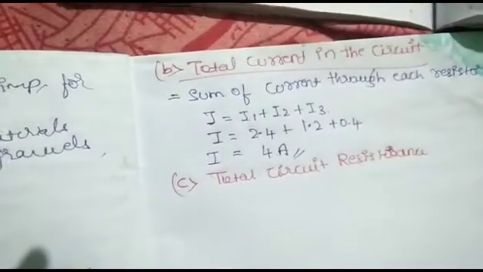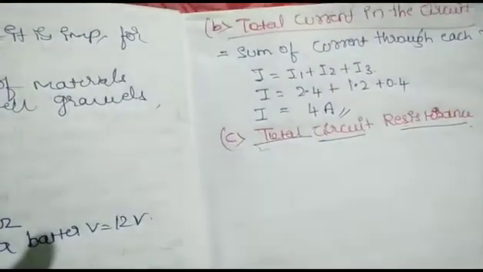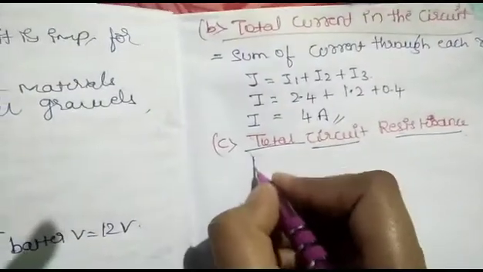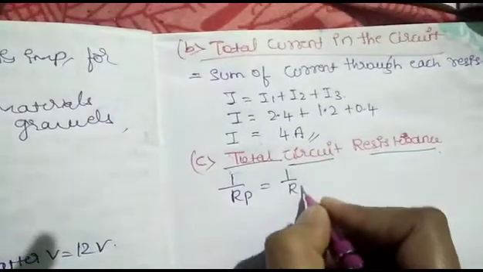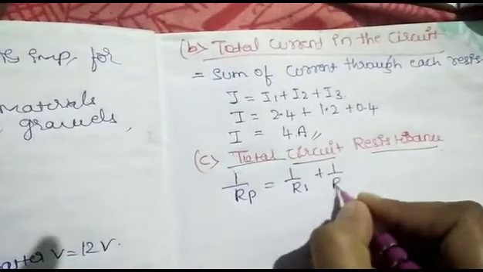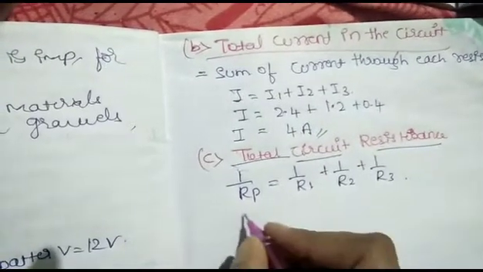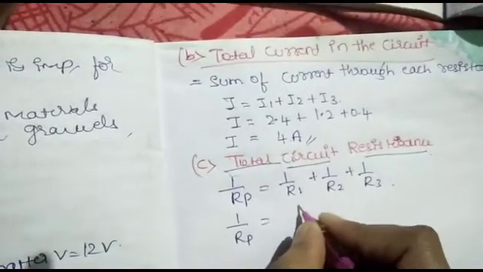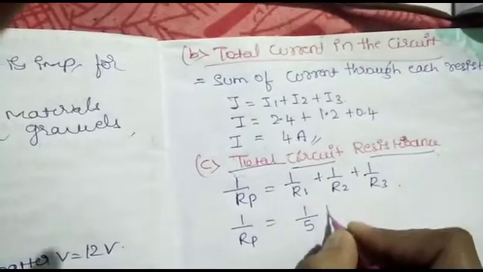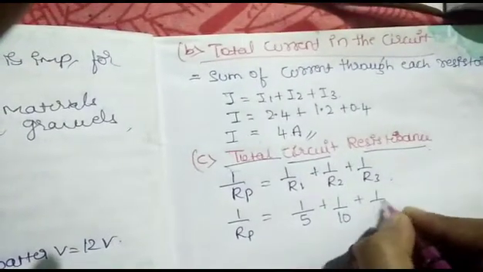To find out the total circuit resistance, we know that in a parallel connection, the total circuit resistance is given by 1 by Rp equals 1 by R1 plus 1 by R2 plus 1 by R3. So 1 by Rp equals 1 by 5 plus 1 by 10 plus 1 by 30.